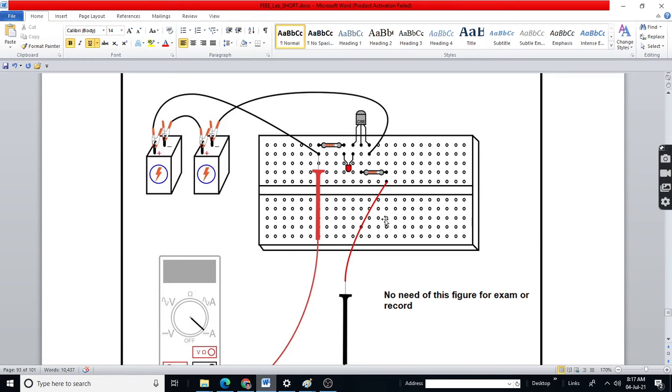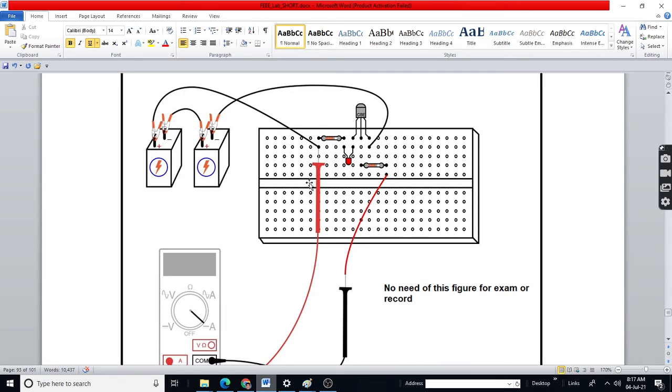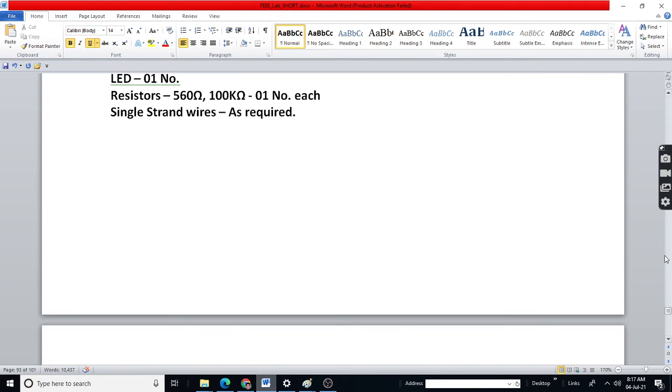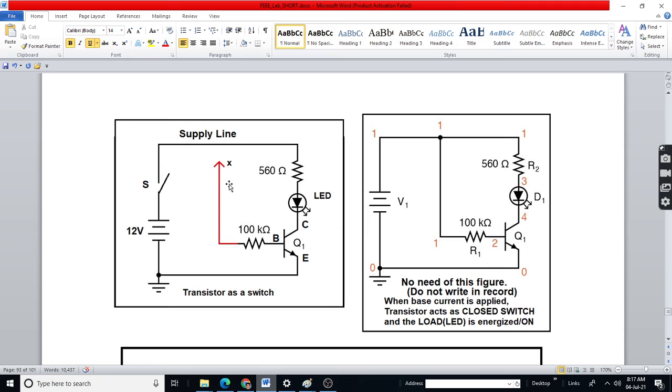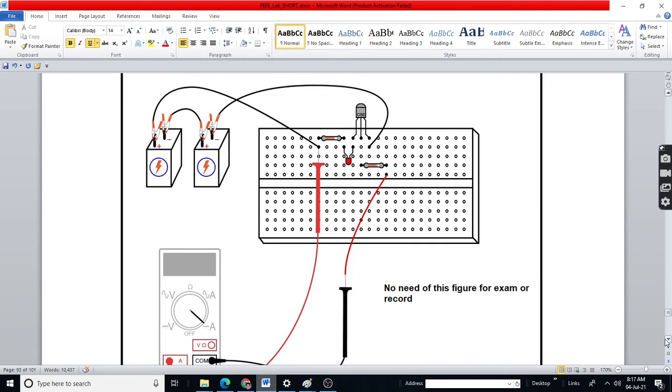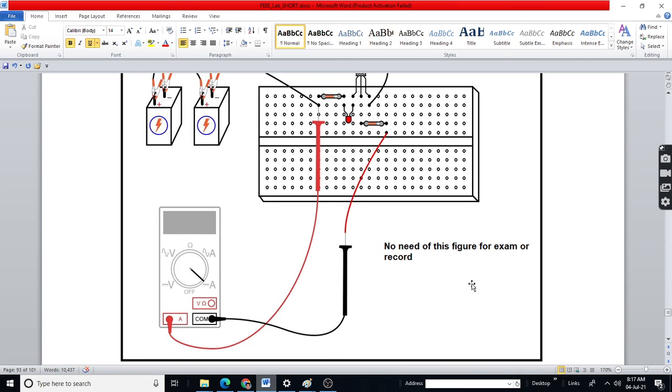Next, base circuit. From the plus, it is given at a particular point, and a movable electrode, that is X here, is connected to a multimeter. Multimeter is not required; there they have kept a multimeter. You can directly short from here to here.